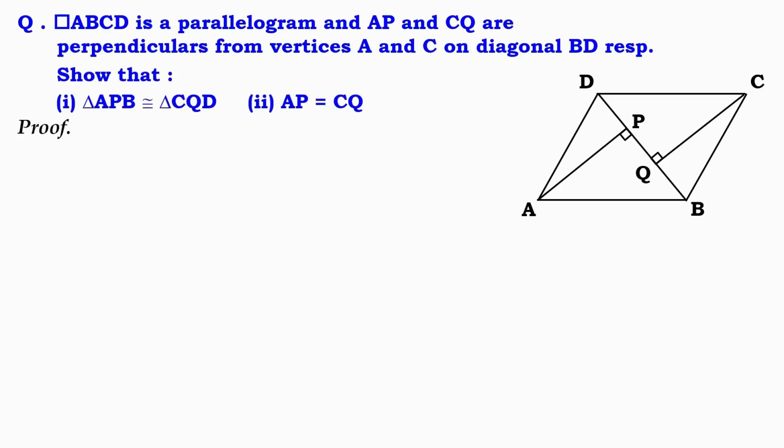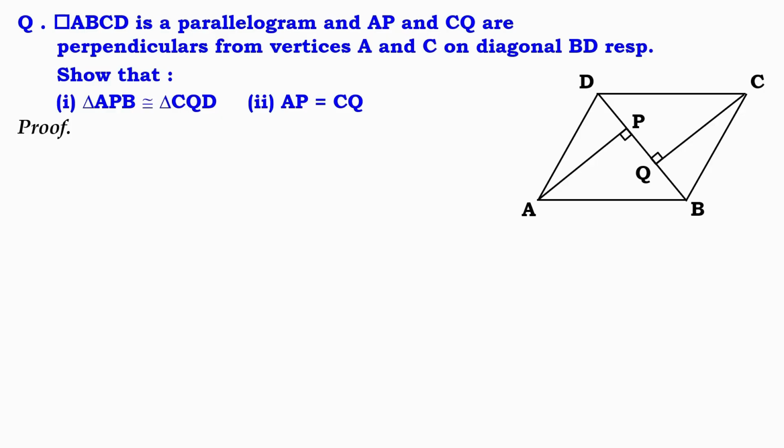Now let us take a look at this problem. ABCD is a parallelogram. AP and CQ are perpendiculars from vertices A and C on diagonal BD respectively.